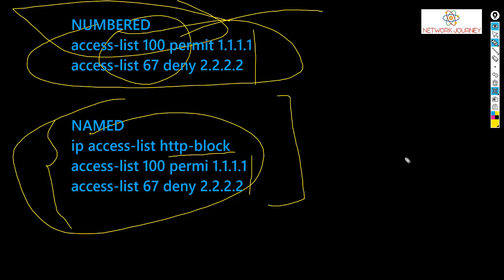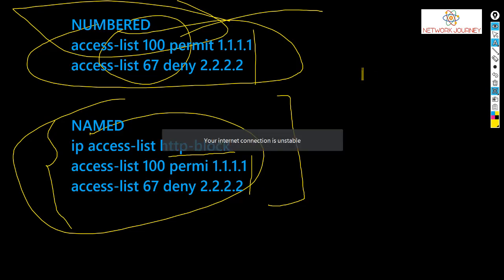Let's say you're given a task where you need to add a few more IPs to the HTTP block.